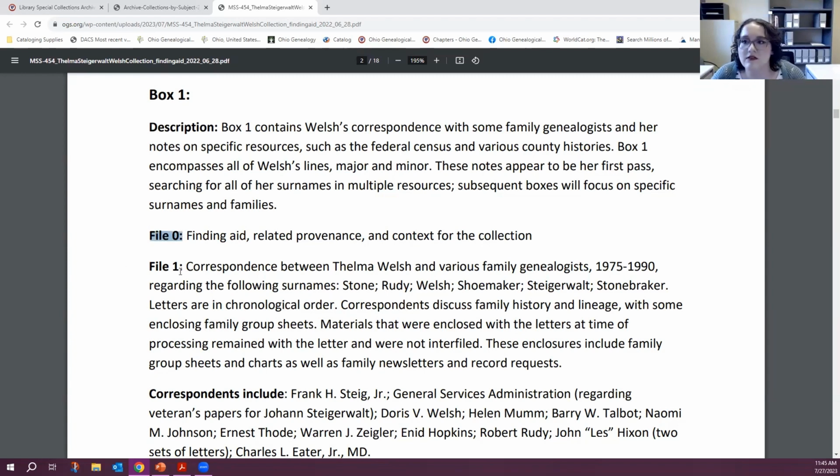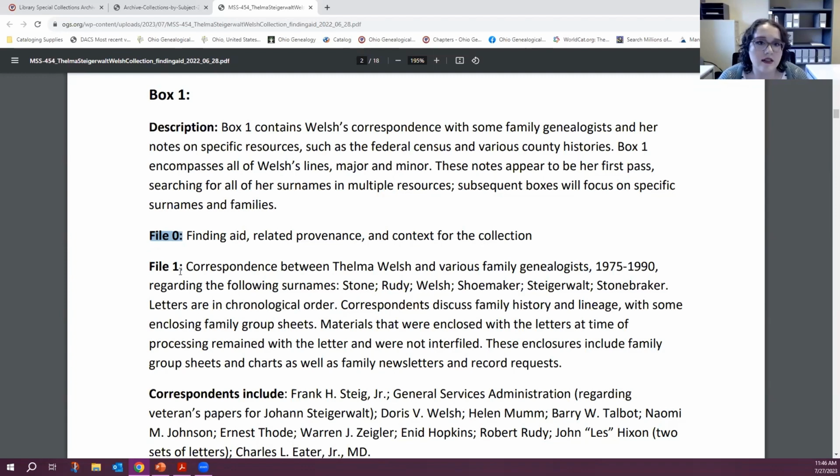So at OGS, file 0 contains any contextual information about the donor. Typically, if the creator has passed away, it will contain their obituary. It might also have any biography of them that might be relevant to a patron's understanding of the collection.